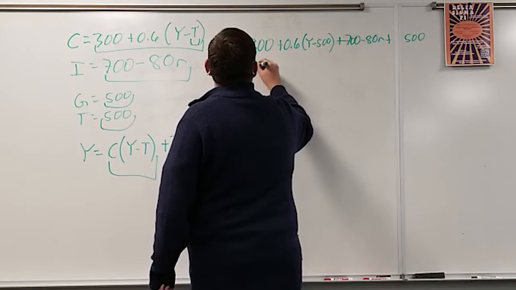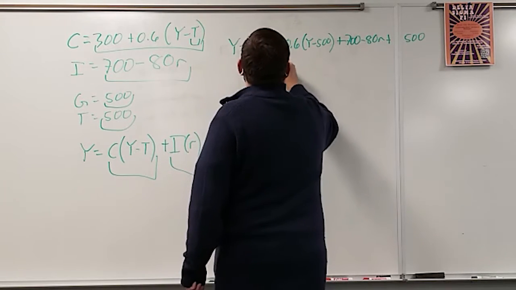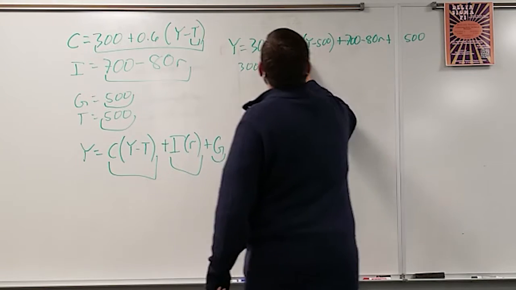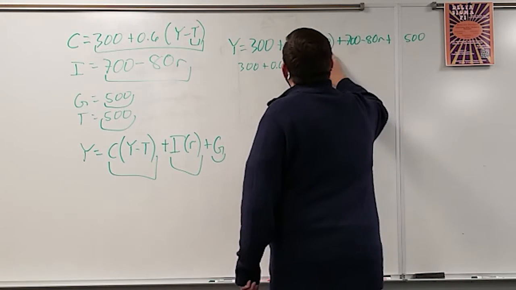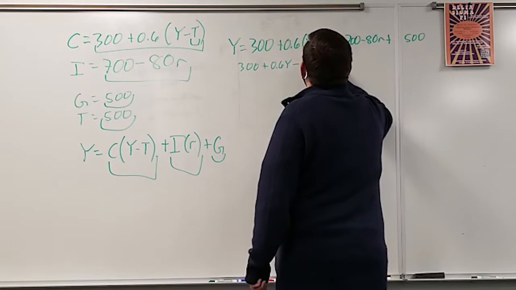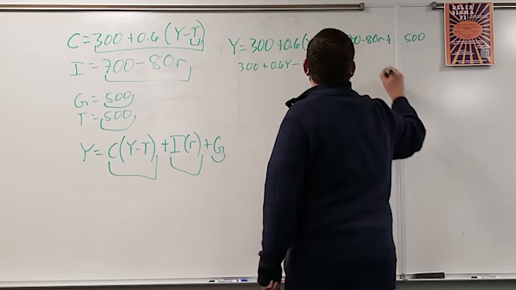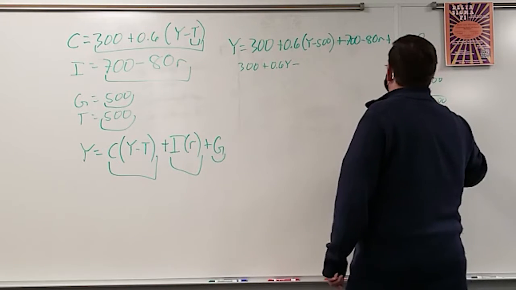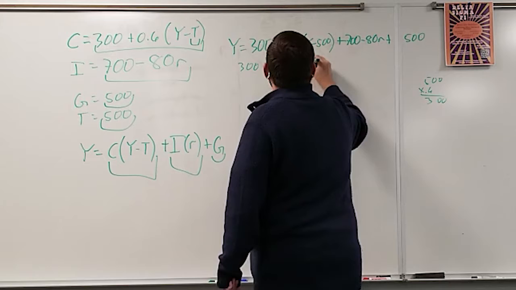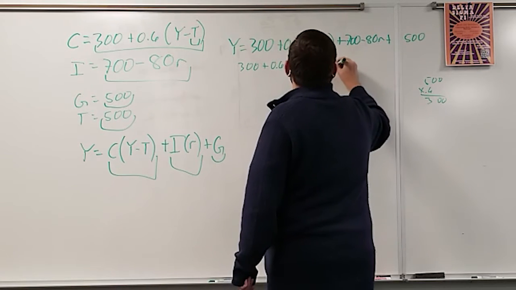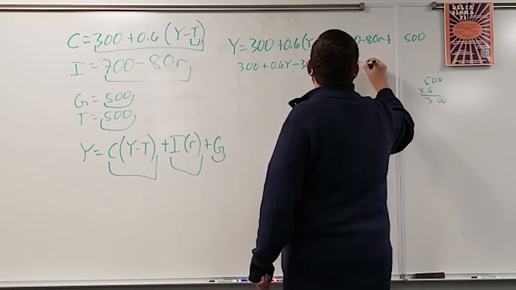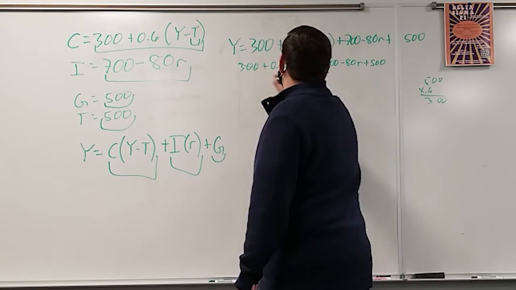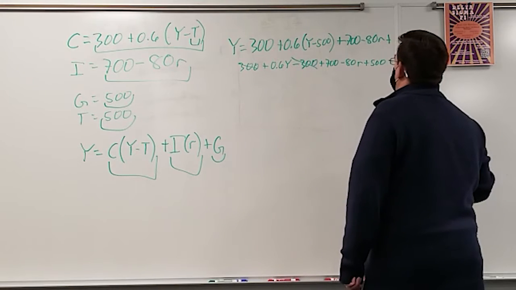So 300 plus 0.6Y minus, what's 6/10 of 500? 500 times 6. So 300 minus 300 plus 700 minus 80R plus 500. So here we have a 300 and another 300. Those cancel.